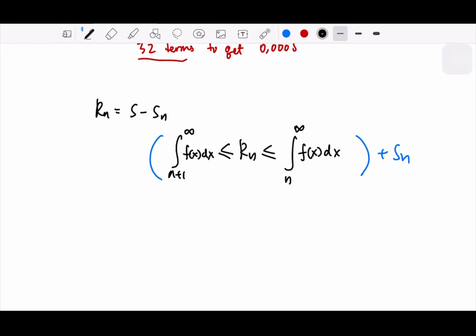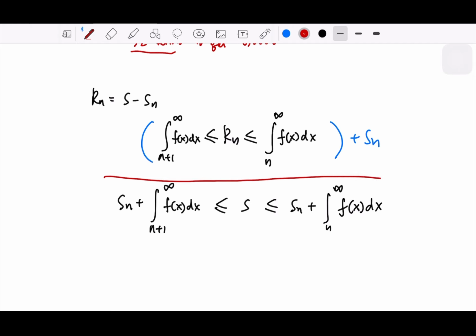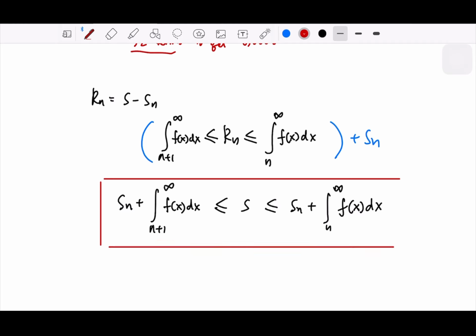Then we will have Sn plus the lower integral, then this will be S, right? And this will be less than Sn plus the upper integral. Now this sounds more complete. So we can state the Sn with the error.